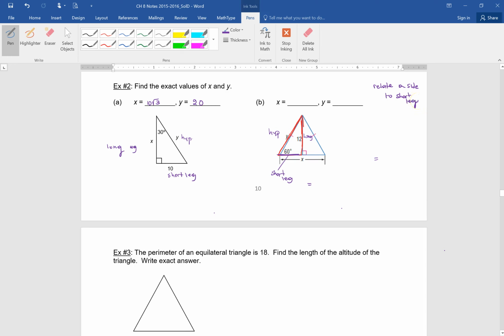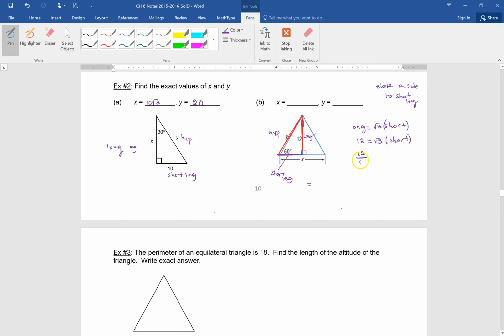So how does the 12 compare to the short leg? The long leg is equal to root 3 times the short leg. Okay? So now the long leg is 12. That's equal to root 3 times the short leg. Well, then how big is the short leg?